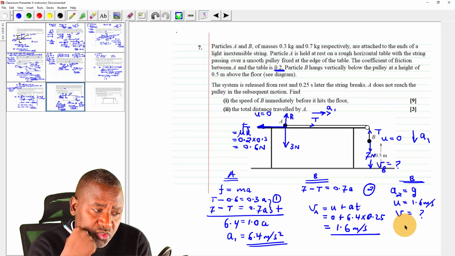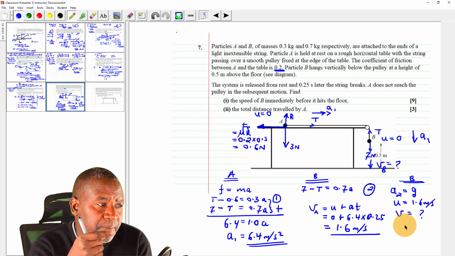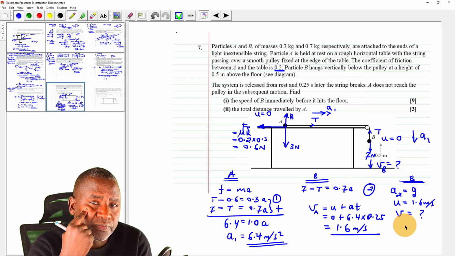Supposing I were to use the third equation, v squared equals u squared plus 2as, I will need the s that it covers at that particular point. How about the second equation? s equals ut plus half at squared. I will need the u, which I know, and I will need the t, which I do not know.